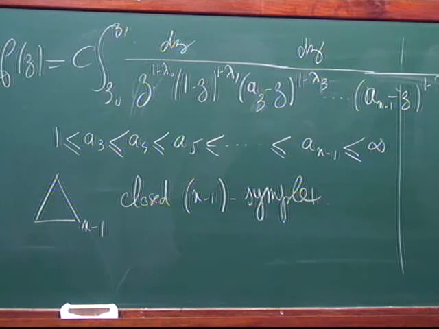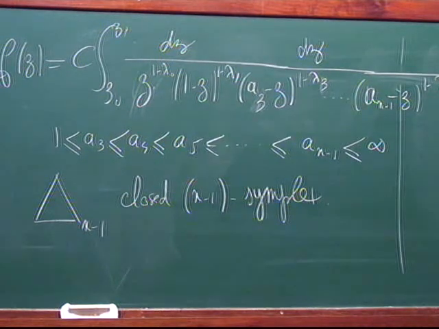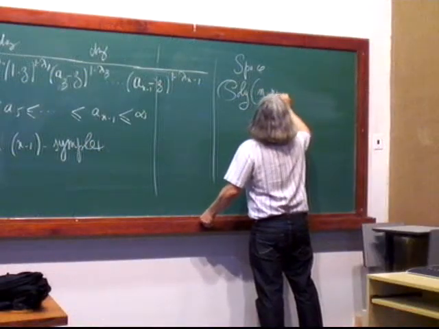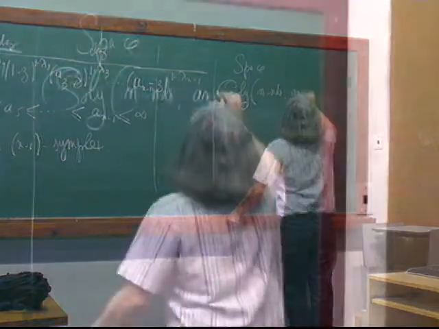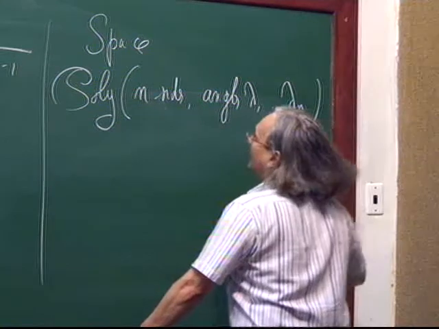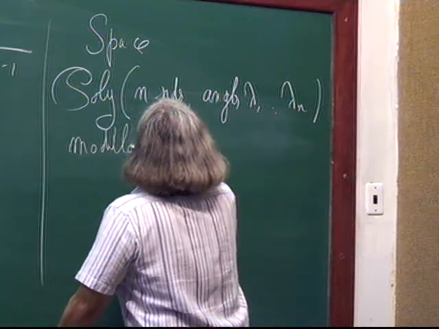Now I look at the space of polygons, let's say polygons with n sides and angles lambda 1, ..., lambda n, modulo similarities.